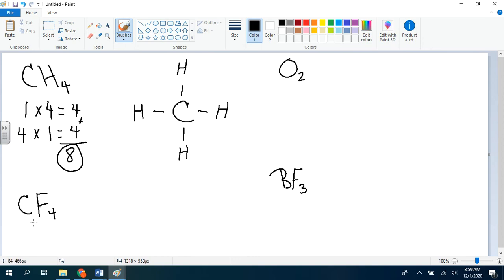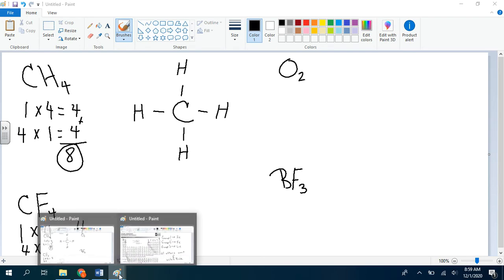All right, let's look at an example where they do need more. So here's our CF4. Okay, again, let's do this. This is a new problem. Let's do this step first, counting valence electrons. We've got one carbon atom. See, just one, there's nothing there. It has 4 valence electrons. I showed you how to look that up, which is 4. All right, I have 4 fluorine atoms. Now look, we haven't done fluorine, so let's go look.